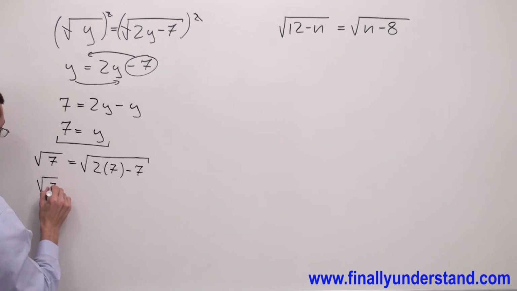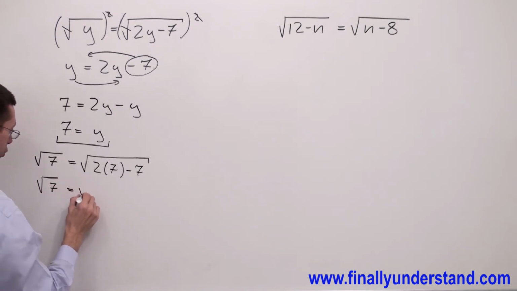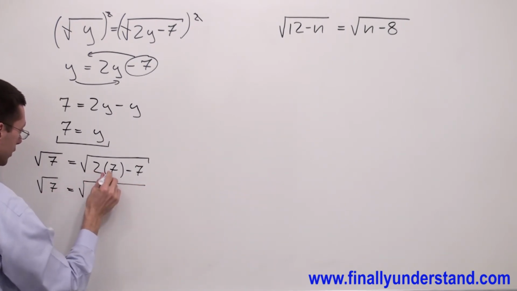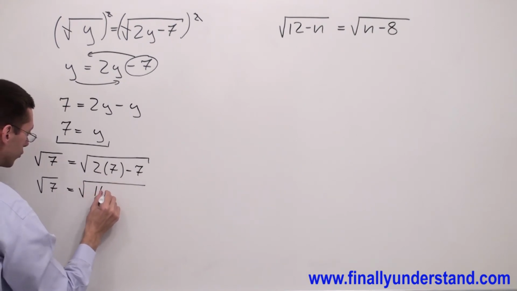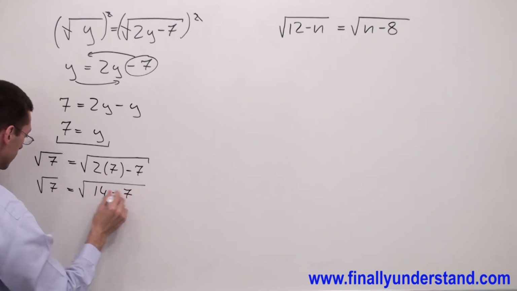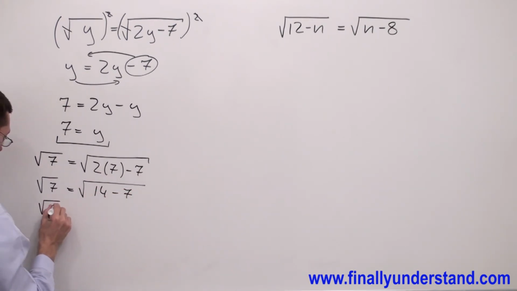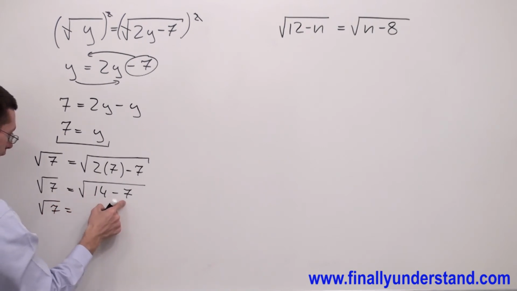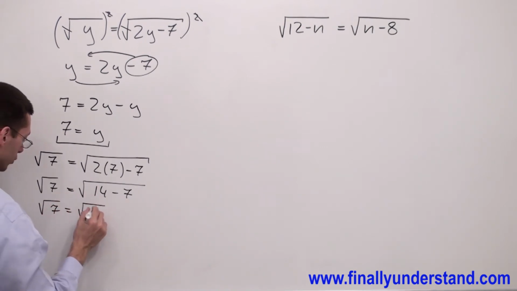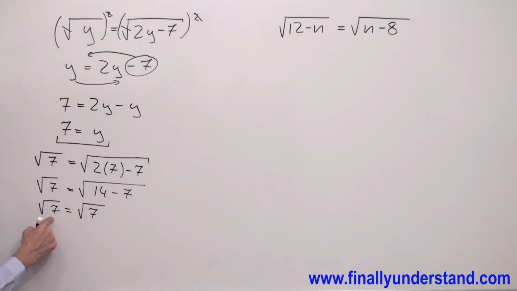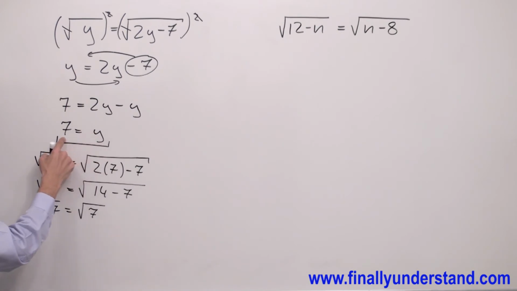Square root of 7 equals square root of 7 times 2 is 14 minus 7. Square root of 7 equals 14 minus 7, which is square root of 7. Left side is equal to the right side. It means that the solution to my problem is y equals 7.